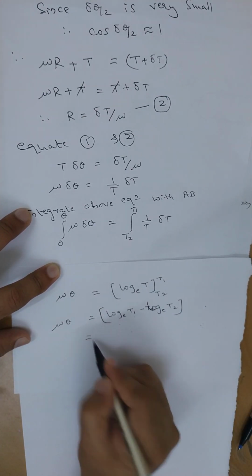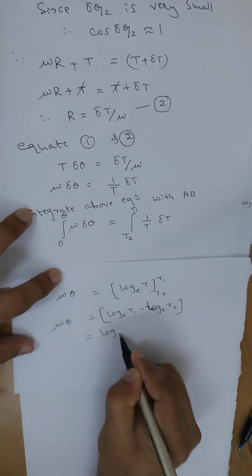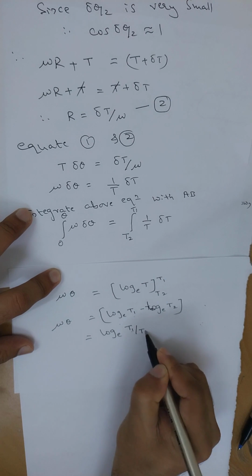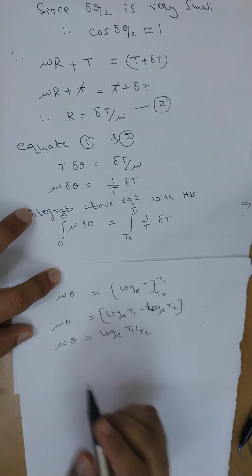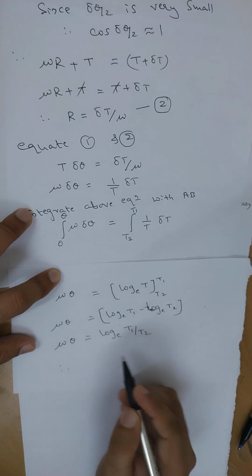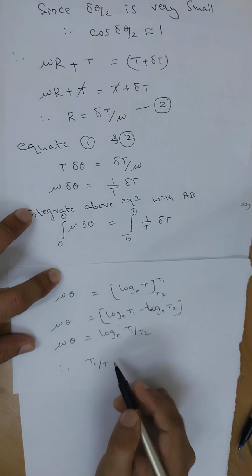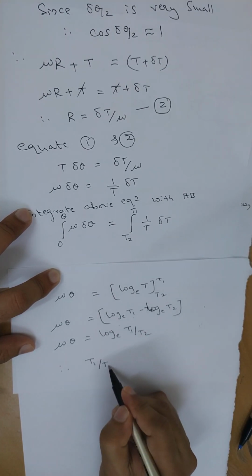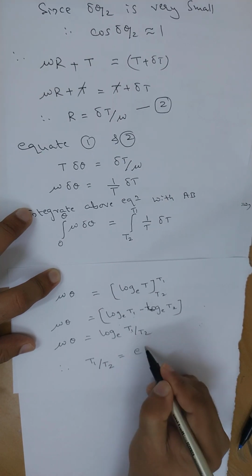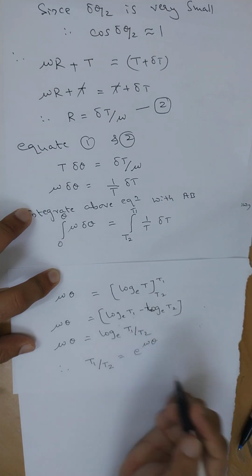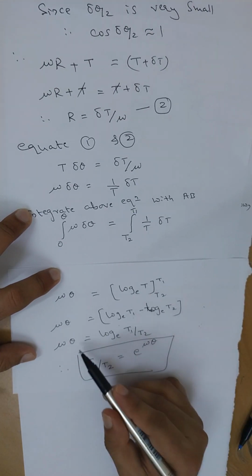Log a minus log b equals log of a by b, that is log to the base e of T1 by T2, equal to mu into theta. Therefore what we need is T1 by T2, the ratio of belt tensions. T1 by T2 equals e to the power of mu into theta. This is the standard equation.